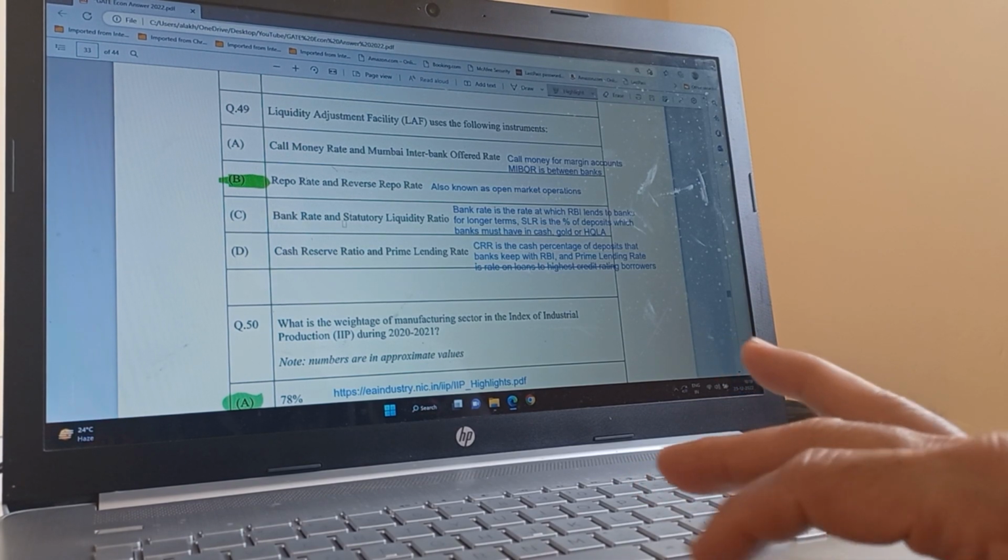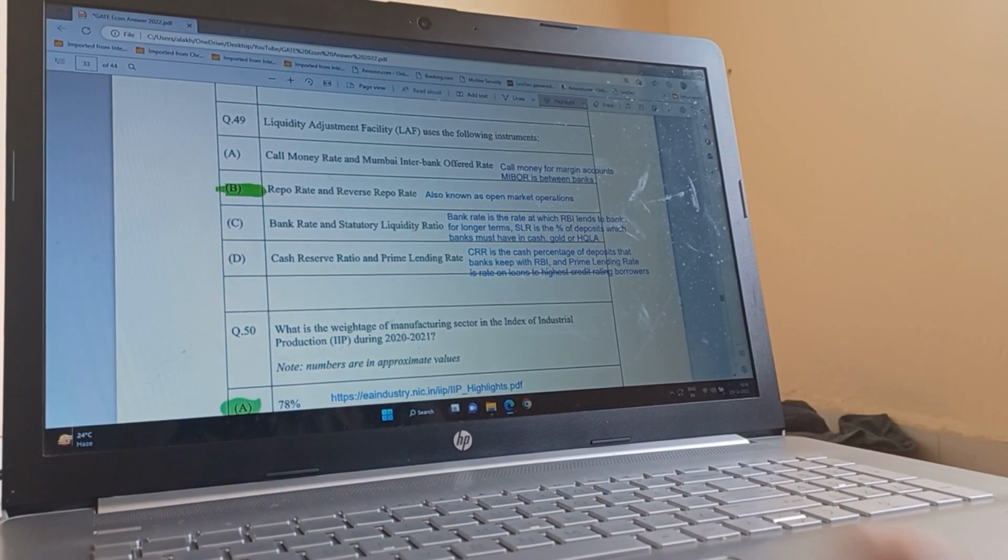Then C is bank rate and statutory liquidity ratio. So bank rate is the rate at which RBI lends to banks for longer terms. It is not like these open market operations. RBI increases or decreases the bank rate when it wants to encourage banks to borrow or not borrow.